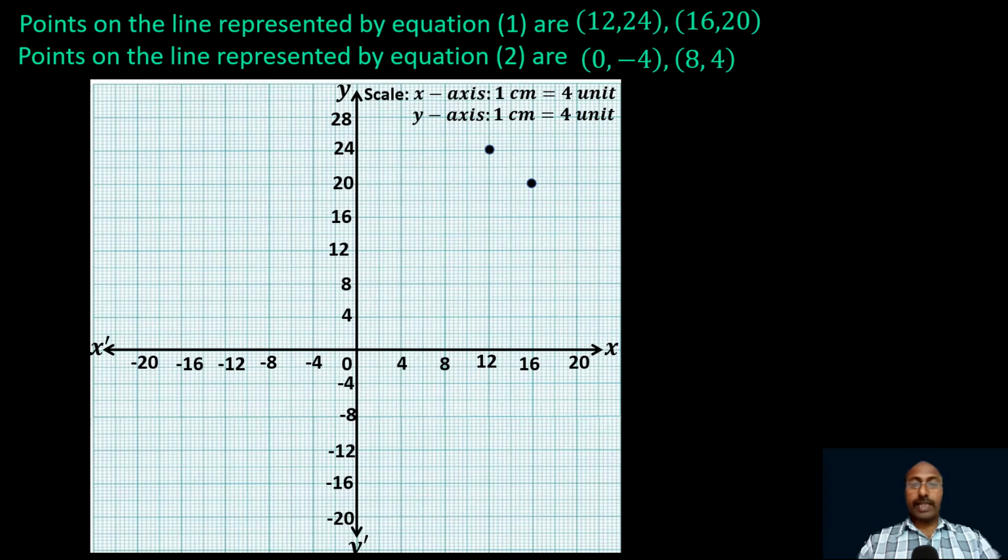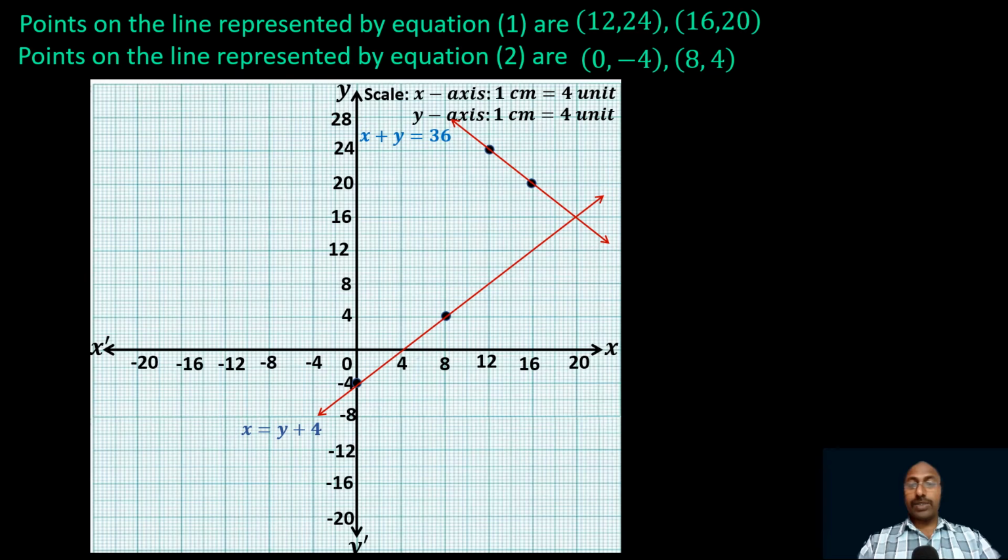Now draw the line through these 2 points. This is the equation x plus y equal to 36. And similarly take the points on the line represented by equation 2. First one is 0 comma minus 4, which lies on y-axis at minus 4, and second one is 8 comma 4. This is 8 comma 4, and now the line is x equal to y plus 4.